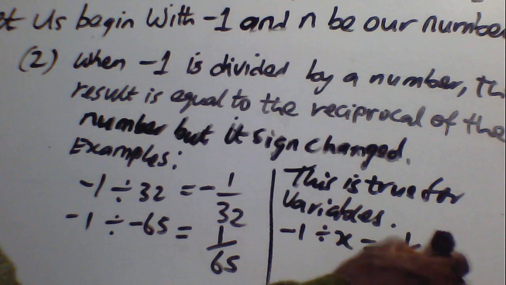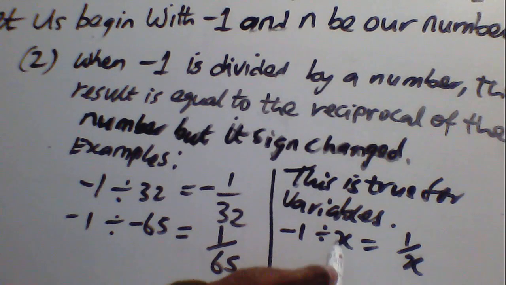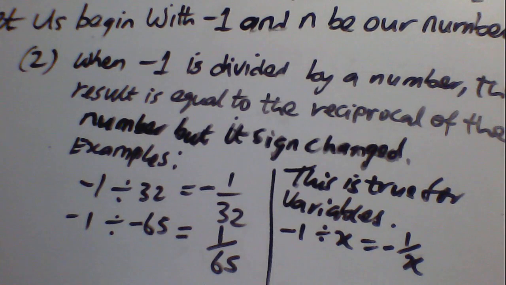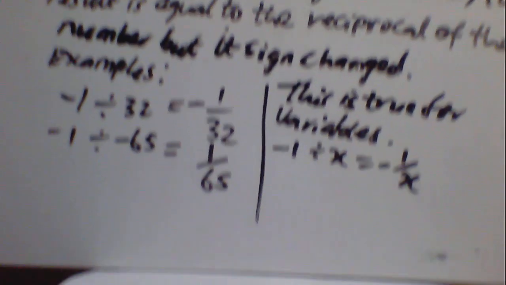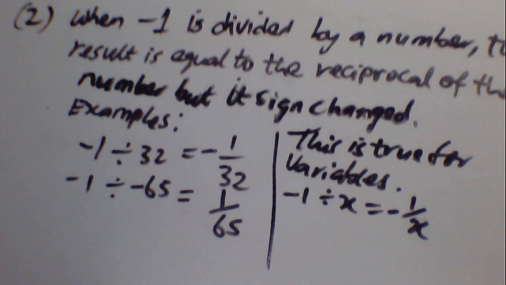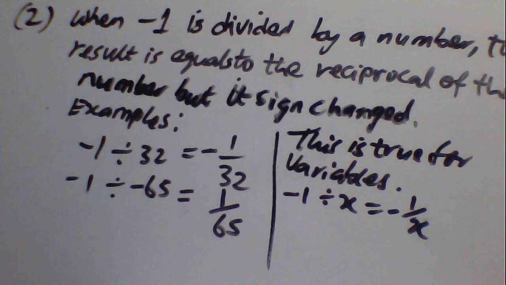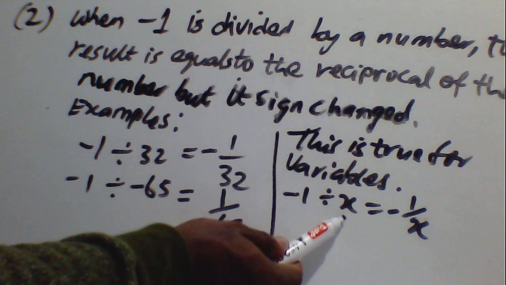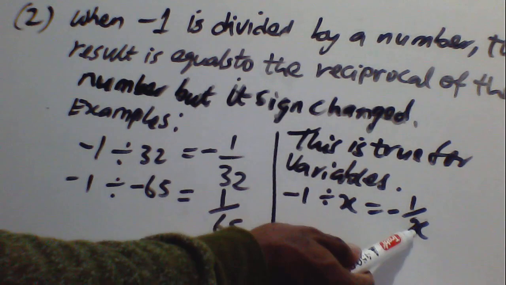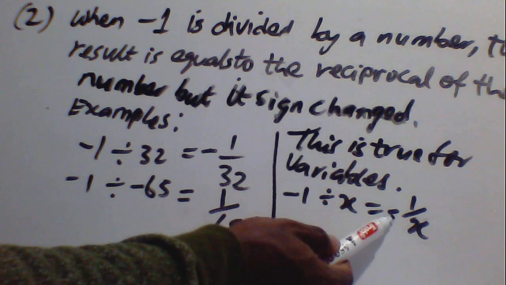The reciprocal of x, but because x is plus here, the sign changes to minus. You can read the statement again. This is for minus 1. When minus 1 is divided by a number, the result is equal to the reciprocal of the number, but its sign changed. Minus 1 divided by x is the same as 1 over x, but here is plus, so its sign will change to minus.